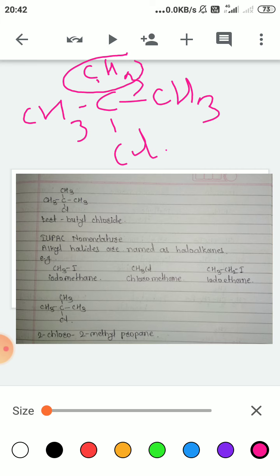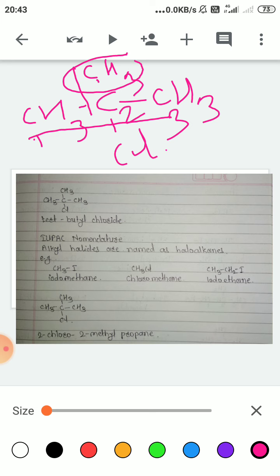If you see here, it contains only two carbon atoms, but if you see horizontally, it is 3 carbon atoms, therefore this is the longest chain. So we have to number this longest chain 1, 2, 3.